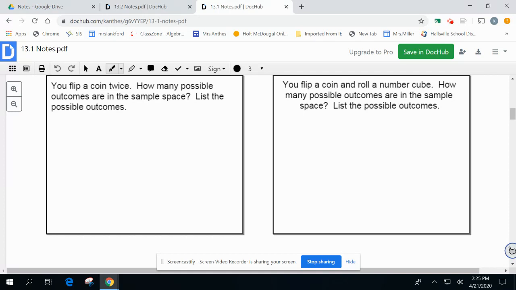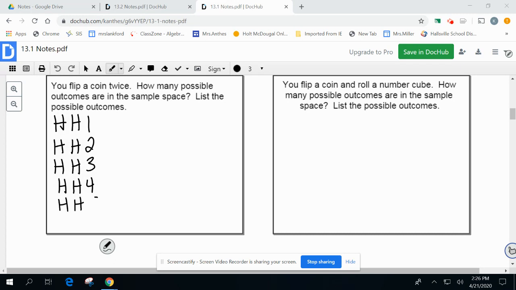Our first possible outcome could be HH1, and then we would have HH2, HH3, HH4, standing for heads, heads 4, heads, heads 5, and heads, heads 6. I'm going to do this with all of the outcomes, so I would encourage you to pause your video and go through and do that.